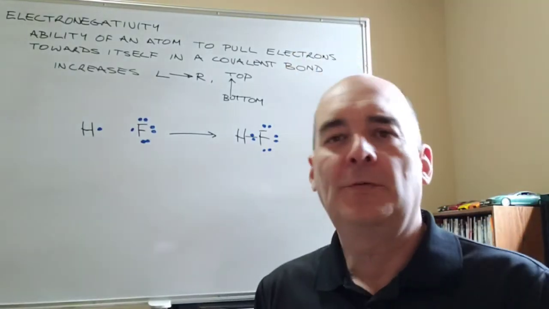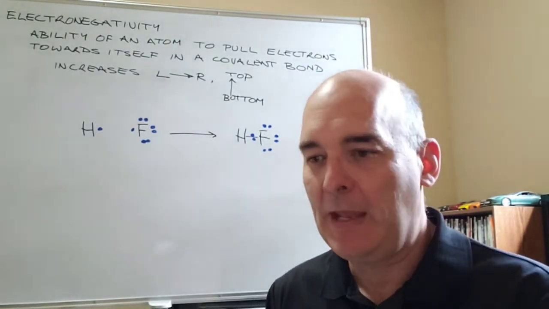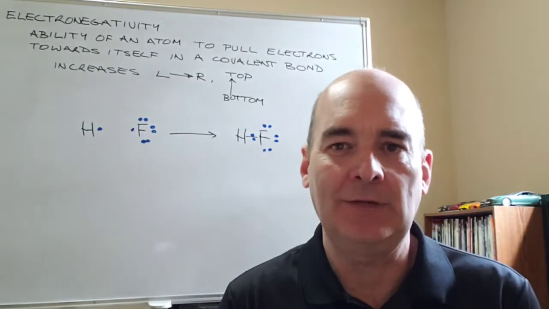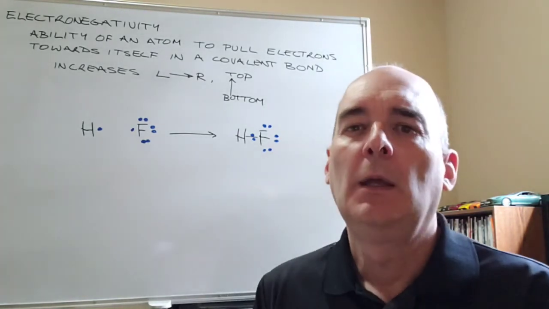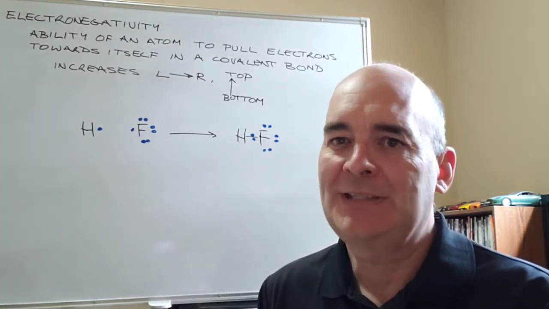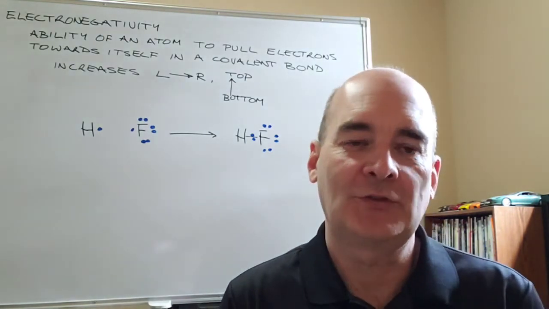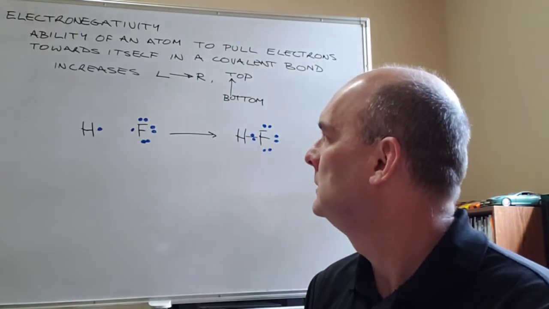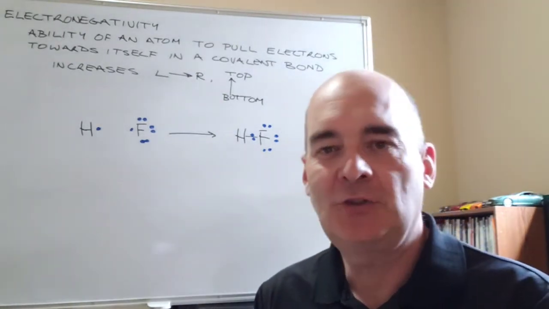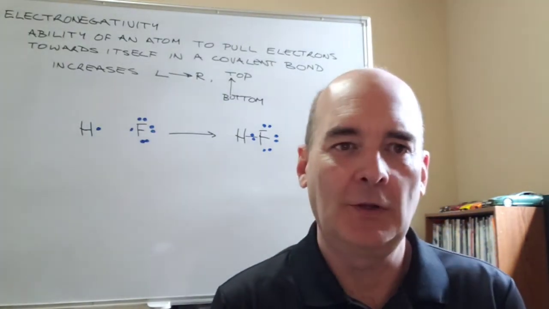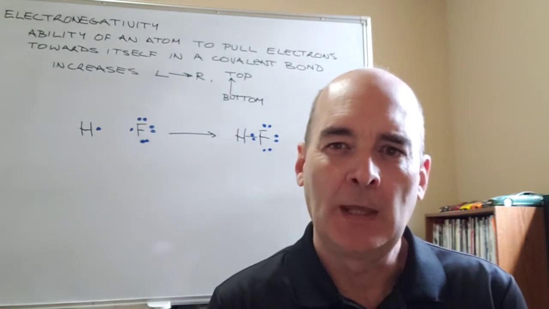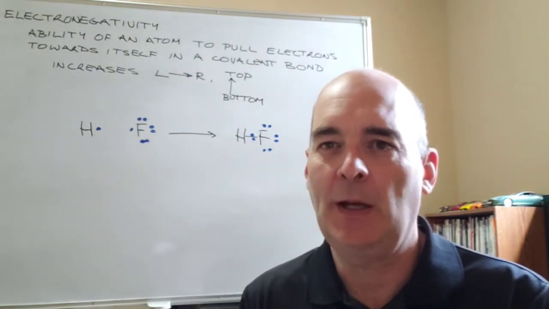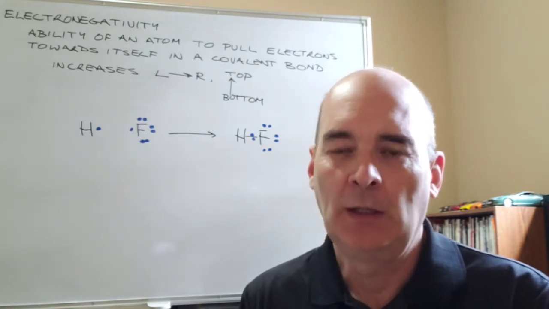So you'll remember from ionic bonding that metals, things on the left-hand side of the periodic table, tend to give their electrons away, whereas non-metals tend to pull electrons towards themselves. So if I'm combining 2 non-metals in a covalent molecule, there's a good chance that those 2 atoms don't have the same electronegativity.